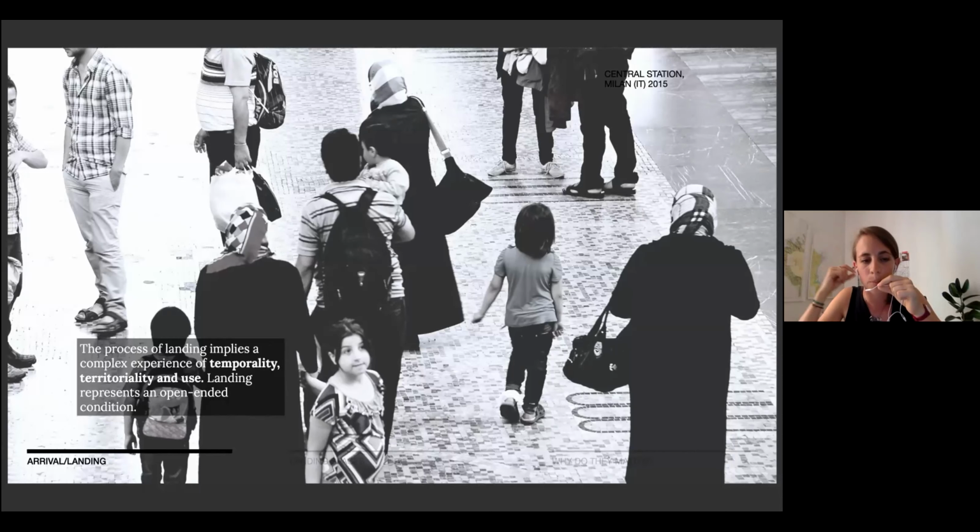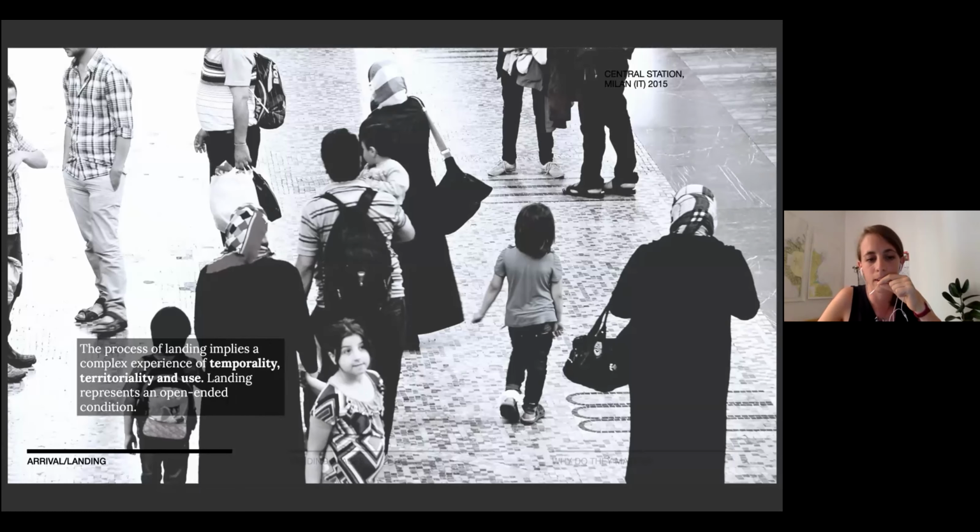And when I say that landing is a complex process, I mean that it implies a complex temporal experience. Arrival does not imply in many cases a further settlement, but is open to further transit. And when people arrive, in most cases they will not be sedentary, but they will keep moving.